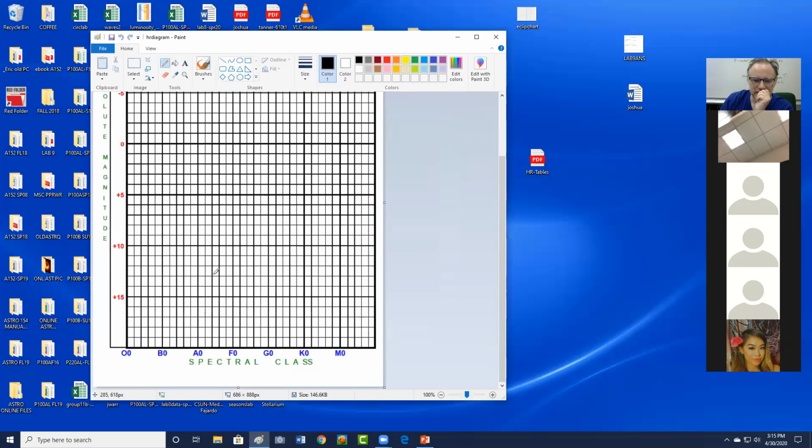Are you guys able to see the diagram clearly enough? So we have O0, and then we have O, B, A, F, G, K, and M. Each one of these has 10 subclasses. So for O0, there are 5 lines between the O0 and the B0.